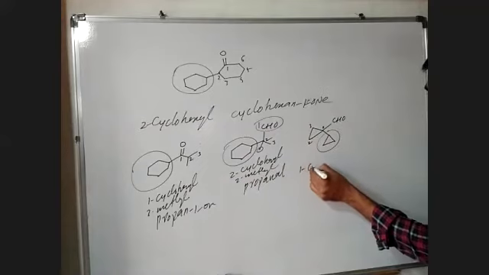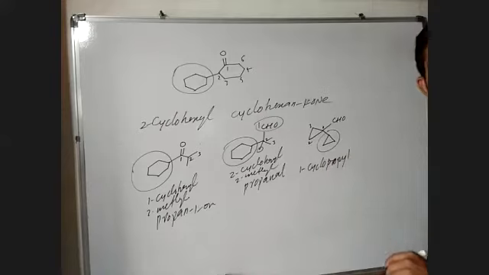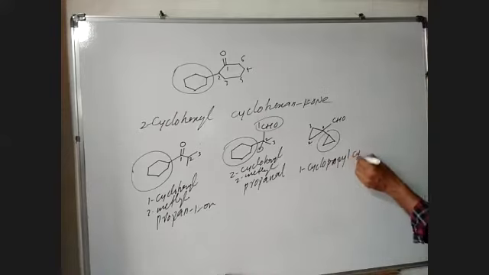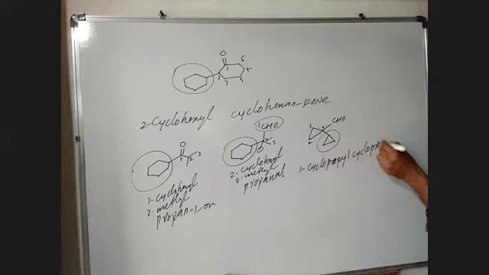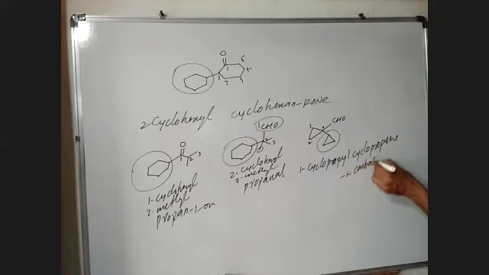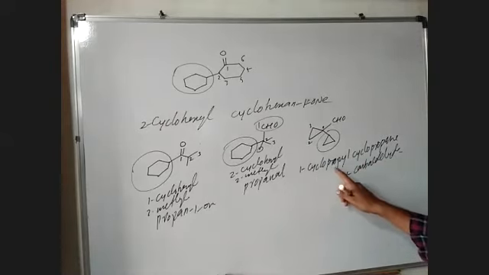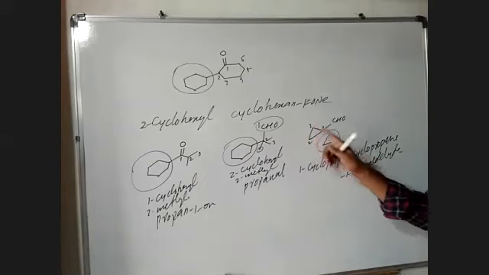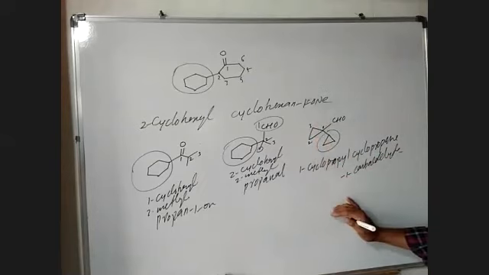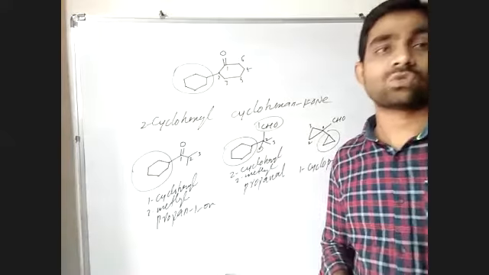So we can write 1-cyclopropylcyclopropane-1-carbaldehyde. So I hope you understand all the IUPAC nomenclature we have covered here. Hope you got it. Okay, fine.